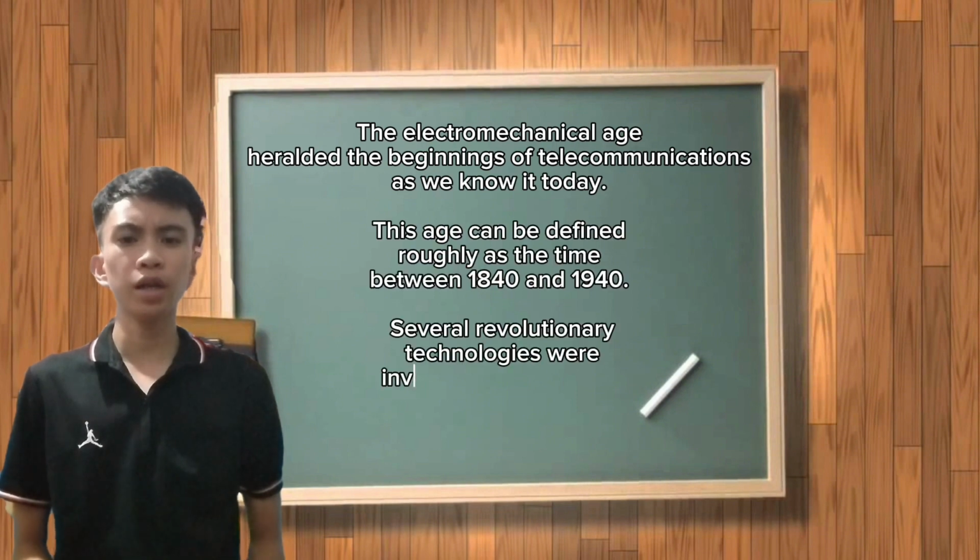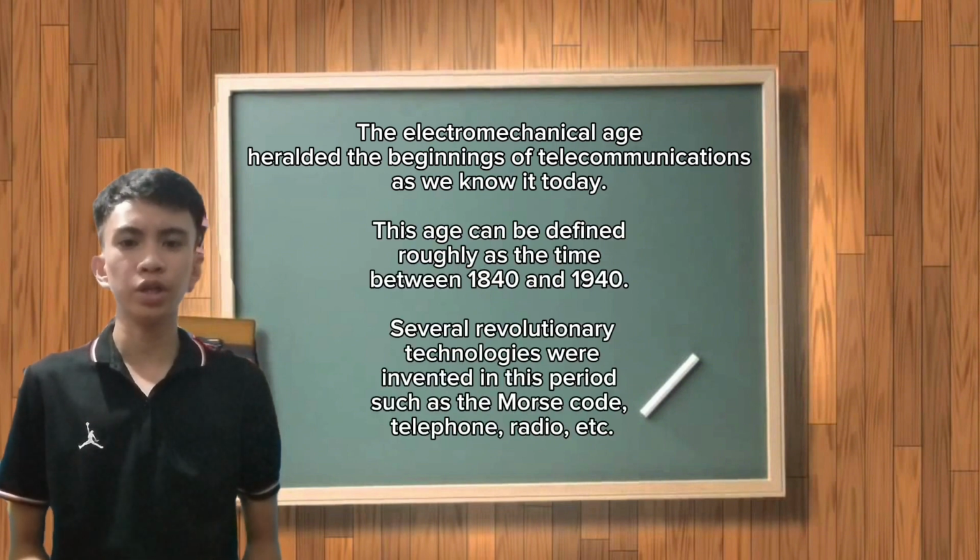The electromechanical age heralded the beginnings of telecommunications as we know it today. This age can be defined roughly as the time between 1840 and 1940. Several revolutionary technologies were invented in this period, such as the Morse code, telephone, radio, etc. All of these technologies were crucial stepping stones toward modern information technology systems.